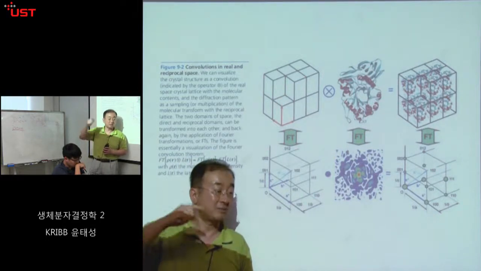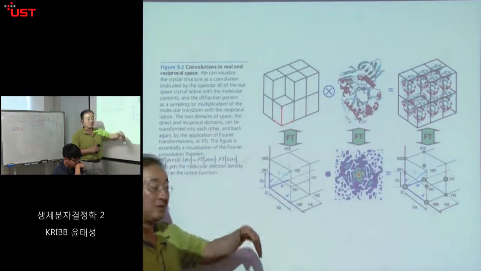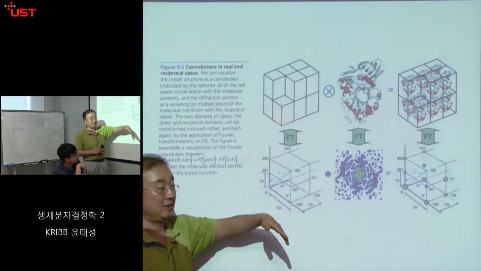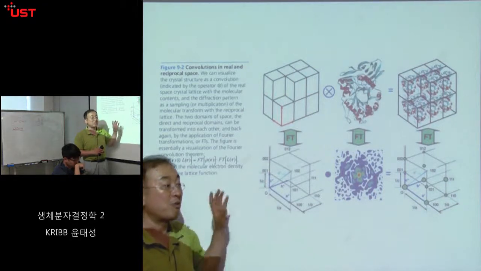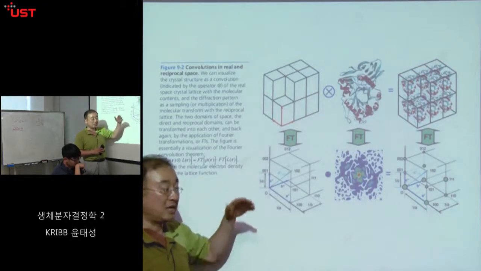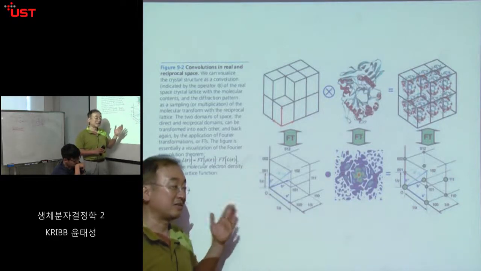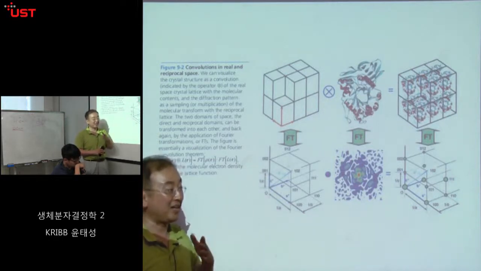Okay, vice versa. Time domain and frequency domain can be equivalent in terms of information content. So they can be switched to each other, like dog and cat.